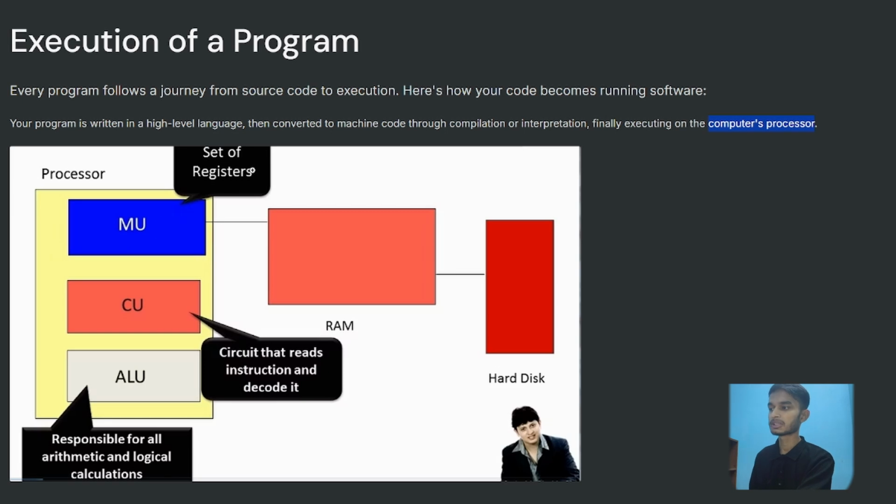The memory unit is basically a set of registers, meaning it stores the files and programs we are writing. The CU, or control unit, controls the flow of data from the memory unit to RAM or hard drive or something like this. And the ALU is responsible for all the operations we are performing, be it any kind of arithmetic operation or logical operation.